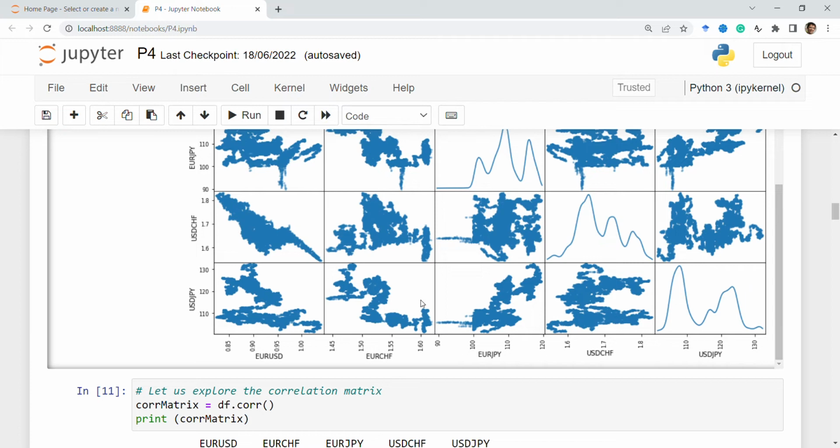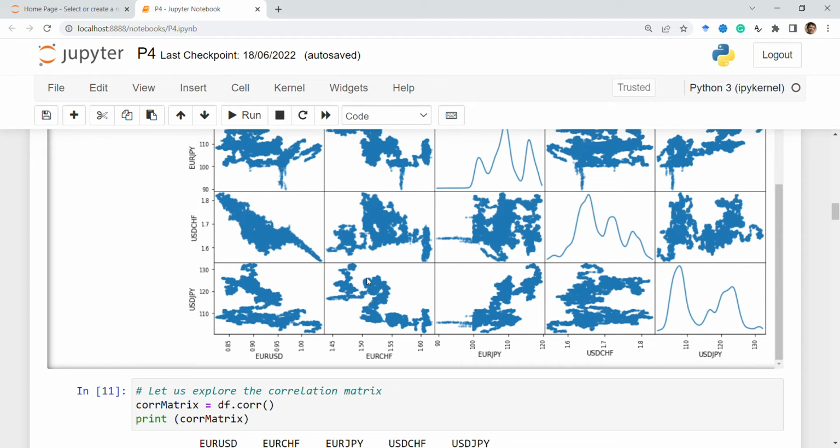When we make a scatter plot, we don't see clear patterns, especially if the pairs don't share variables. For instance, here it is USD Swiss franc versus euro Japanese yen, and we don't see any special pattern. The same here, they don't share any variable.